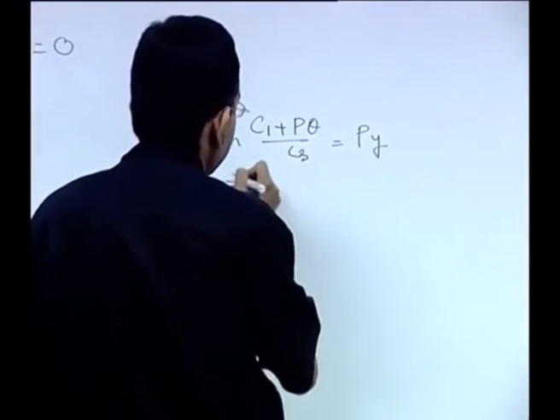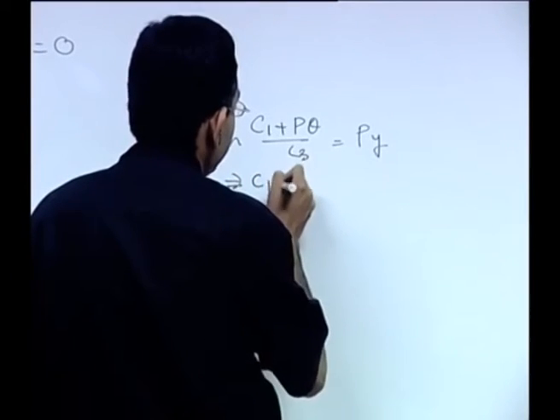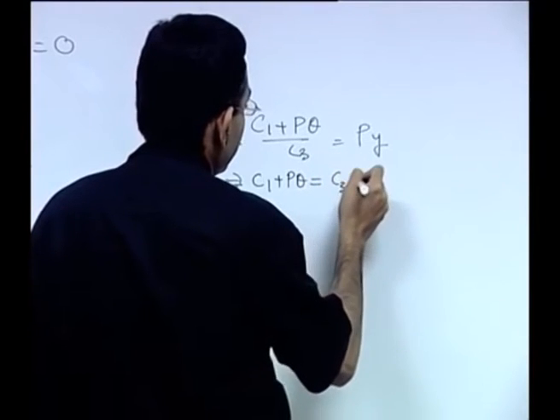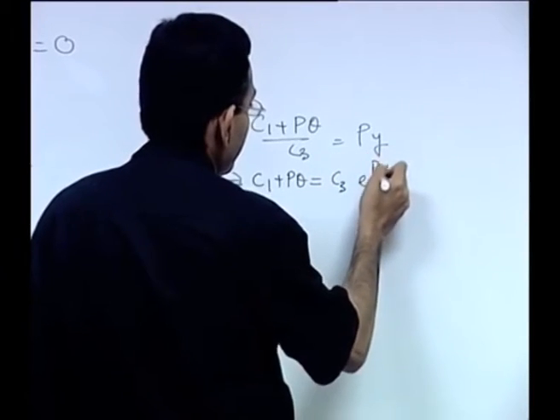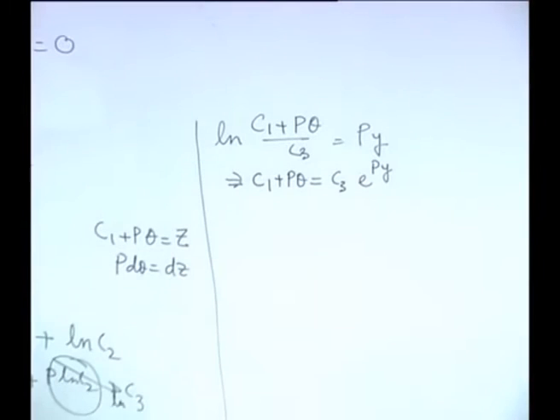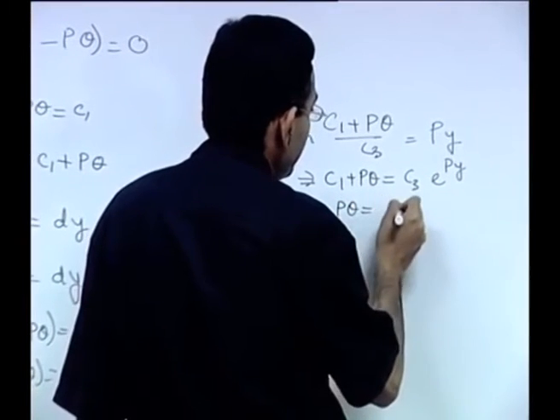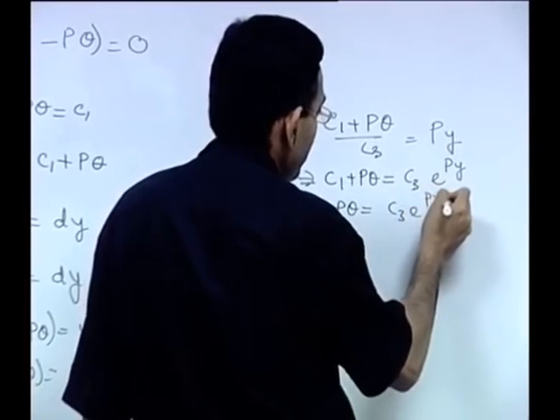So, it implies C1 plus P theta is equal to C3 e to the power Py, or P theta is equal to C3 e to the power Py minus C1.